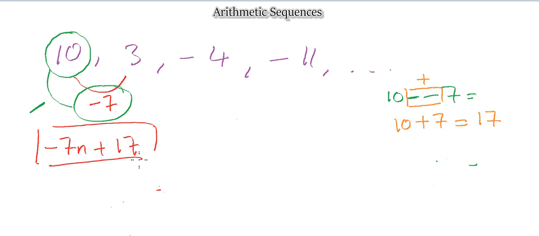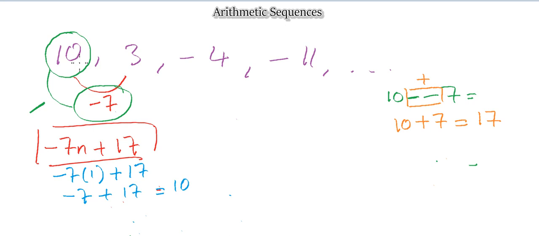So if you want to test that one out, again exactly the same thing: that'd be minus 7n plus 17. I want to check my first term, so instead of n, I write 1. Minus 7 multiplied by 1 gives me minus 7, plus 17, and that gives us 10, which is exactly the same as the first term.